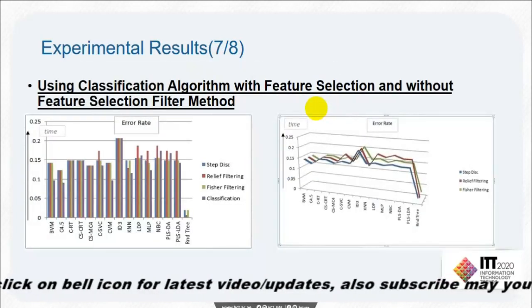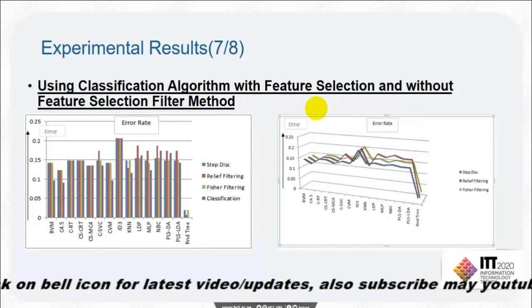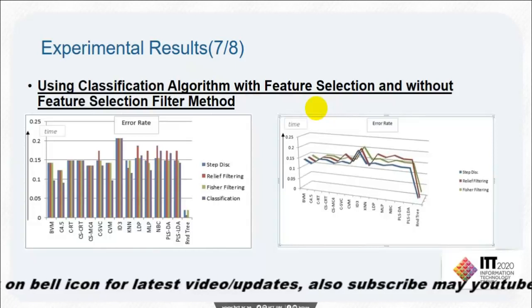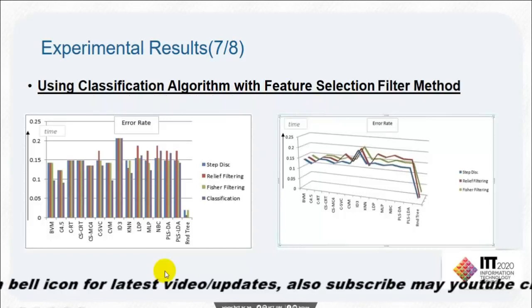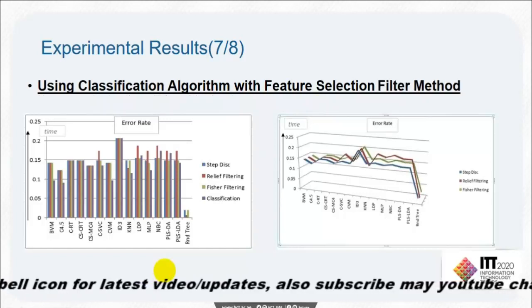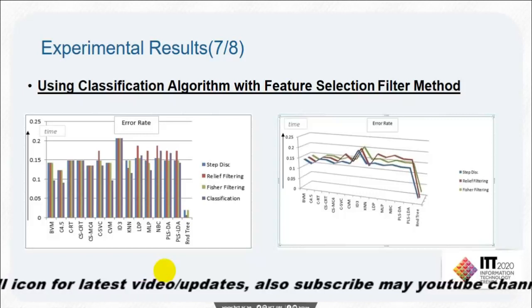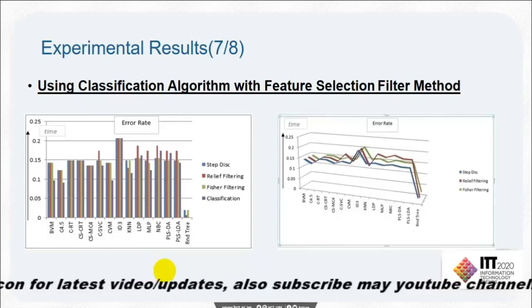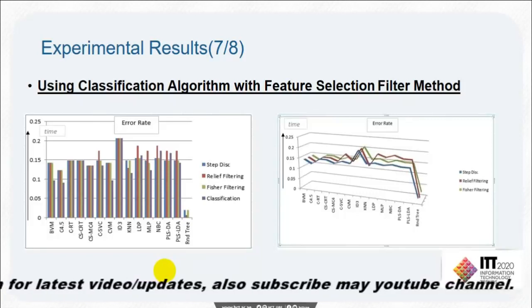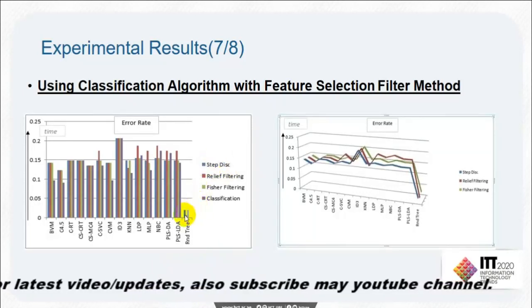Now in this section I have used both the classification algorithm and the feature selection method. You can see two graphs. In the first graph you can see the random tree classification value is 0, while the green line shows the Fisher filter value, the brown color shows the relief filter value, and the blue color shows the step disc filter value.